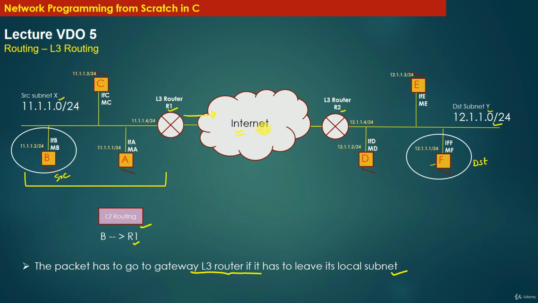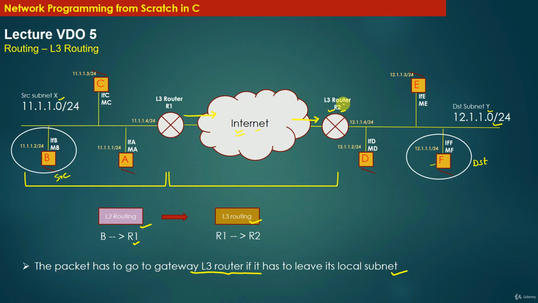And by repeating this process, the packet eventually reaches layer 3 router R2, which is the gateway router of the destination subnet. So you can see that the journey of the packet between router R1 and router R2 is done based on layer 3 routing, right? Using layer 3 routing only, the packet travels from router R1 and eventually reaches router R2, the gateway router of the destination machine.